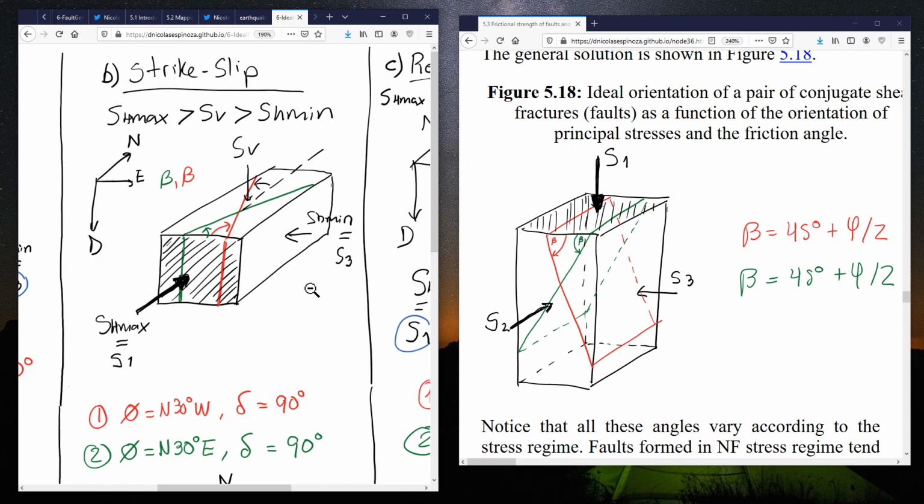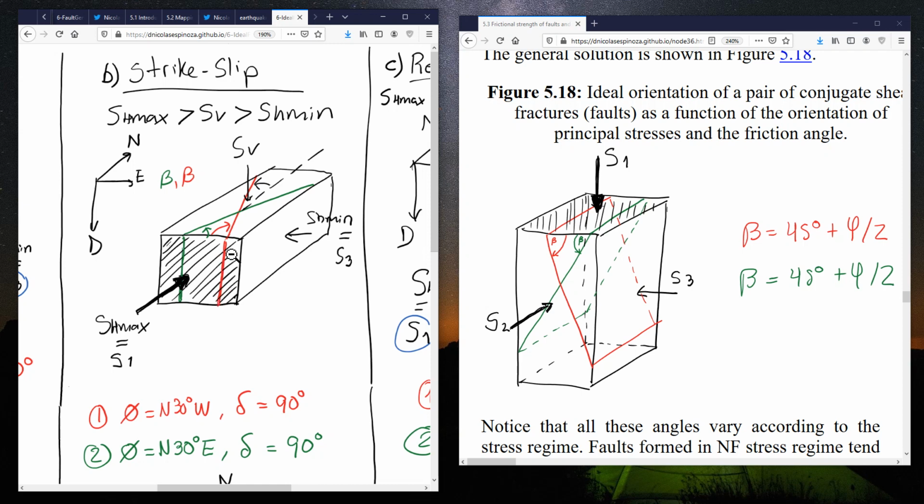And in order to comply also with the rule of the plane of the fracture being perpendicular to the direction of the least principal stress on the intersection of this plane, you can see that this line is perpendicular to the direction of the least principal stress, and that's what determines the dip.